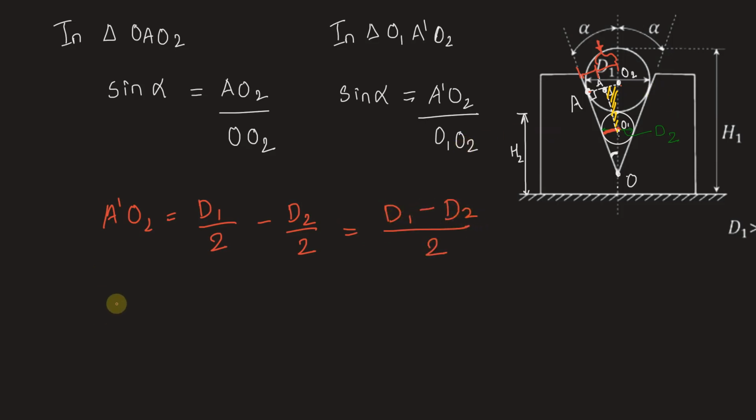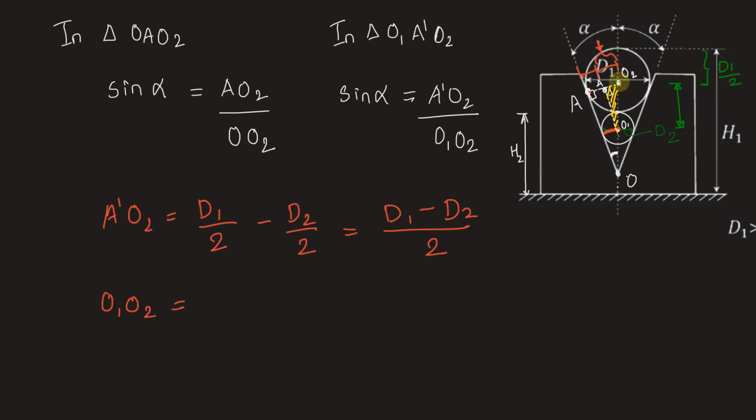Now we need to calculate O1 O2. This is a bit tricky. Make it real clear. So this total is H1. We need to calculate this distance between the two centers of the rollers, O1, O2. So basically from H1 we subtract this, which is half of the diameter of the bigger roller, nothing but D1 by 2.